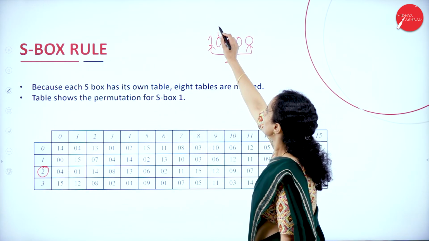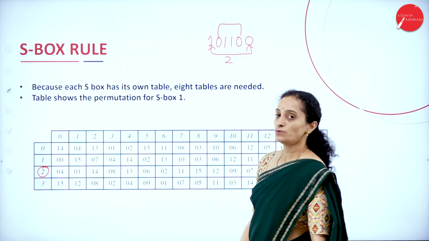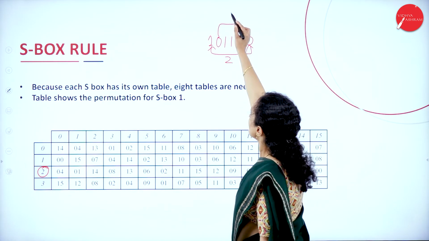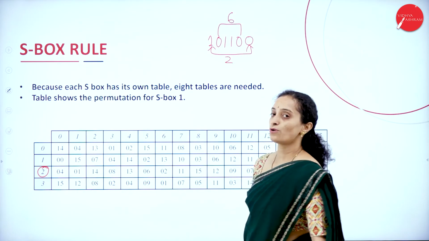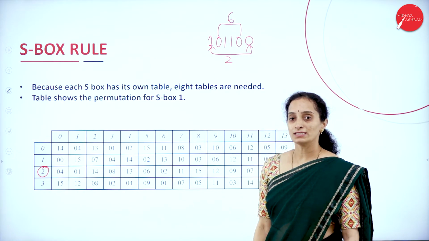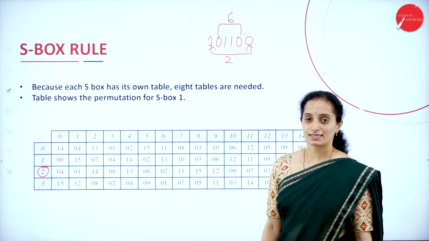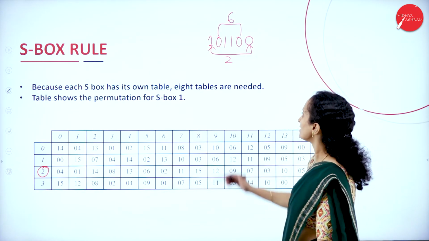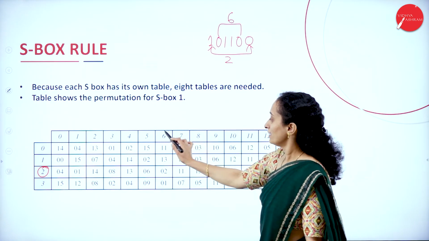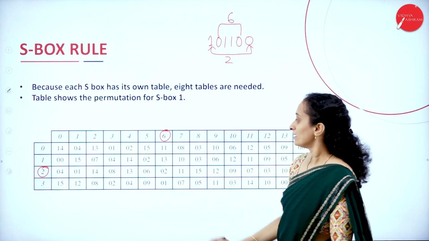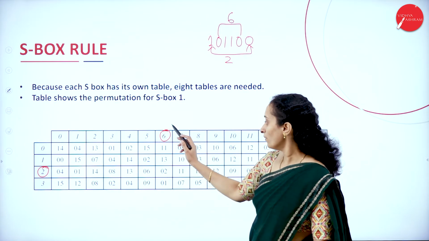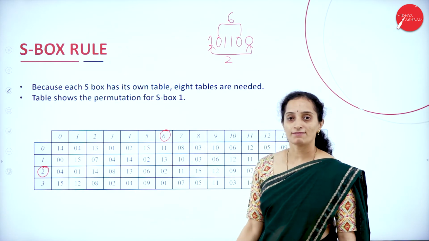Now 0, 1, 1, 0 is 6 in decimal. So that means the value in the third row and 7th column.